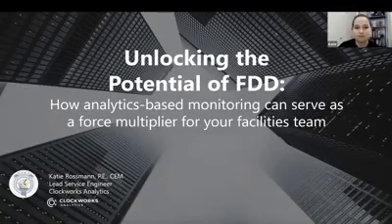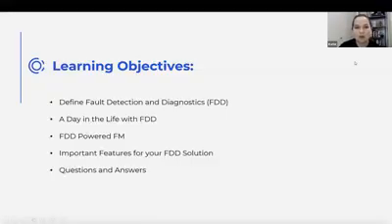And going forward. Okay, so once again, let's go over learning objectives really quickly. So we're going to talk a lot about the definition and what really makes something fault detection and diagnostics, differentiate that from your building automation system, your building management systems, and those alarms that you have there. I'll give you some real life examples of a workflow working through 2 different fault examples from start to end.